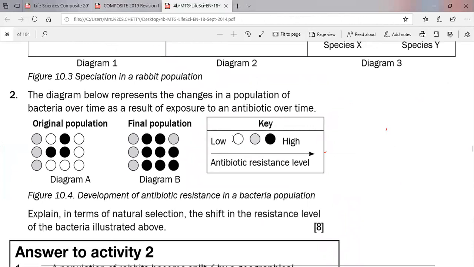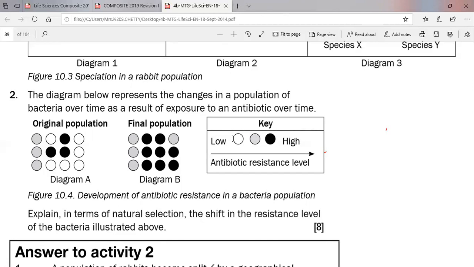So we looked at so many things, babies. We looked at evidence for evolution. We looked at sources of variation: mutations, meiosis, random arrangement of chromosomes, crossing over, random mating, random fertilization, etc. We looked at continuous and discontinuous variation.